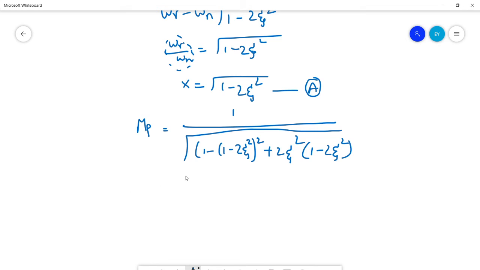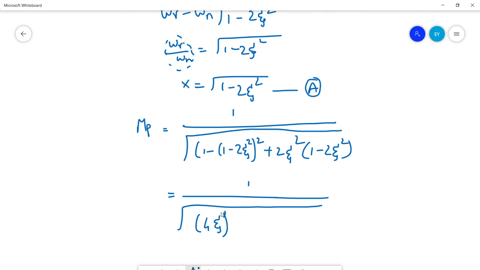Then you can just do the simplification of it. What we get is 1 by square root of a minus b whole square, and just simplify it. What we get here is 4 zeta power 4 plus 4 zeta square minus 8 zeta power 4.